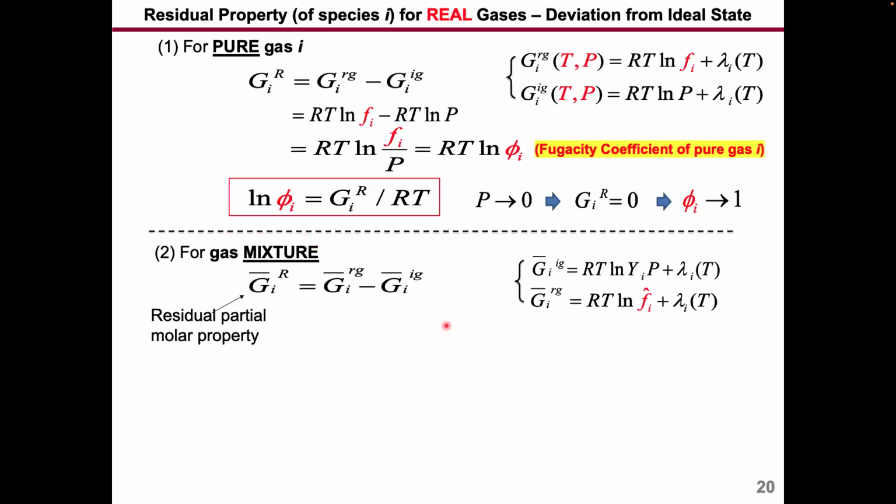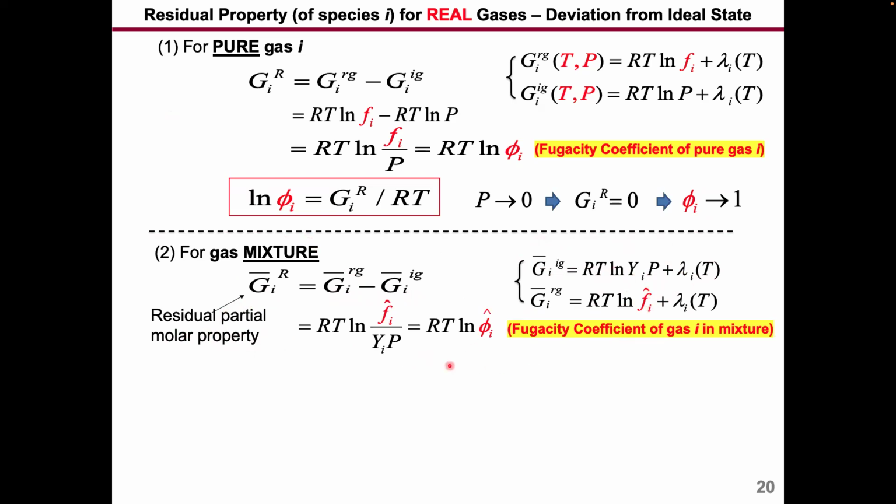This is for pure gas. And then for gas mixture, G_i^R is basically the residual partial molar property, which is going to be the partial molar property of the real gas minus ideal gas. From the previous slide, we already know ideal gas is y_i P plus lambda_i, and then real gas is f_i hat.